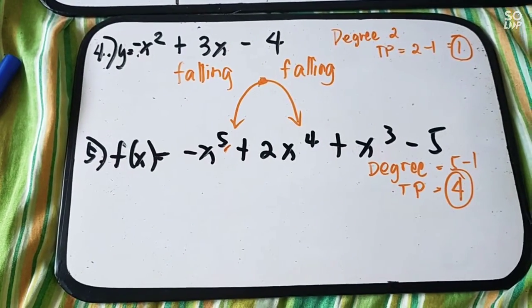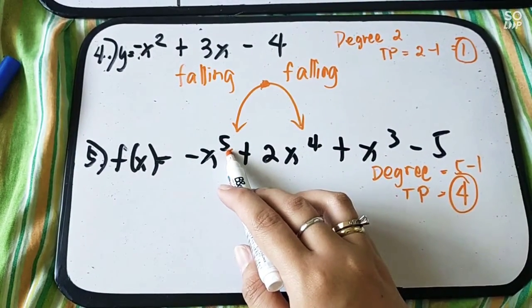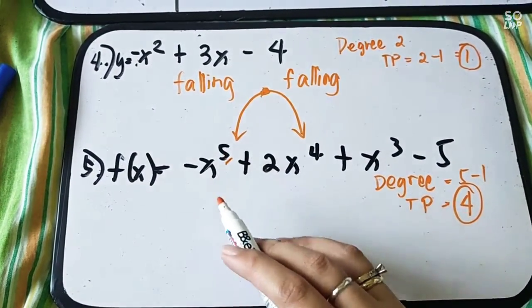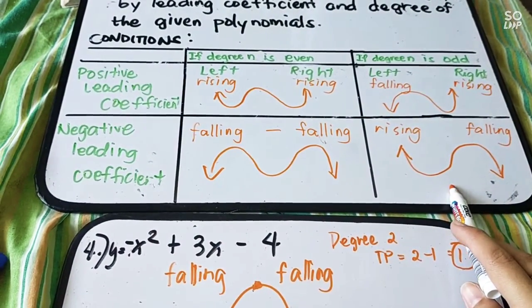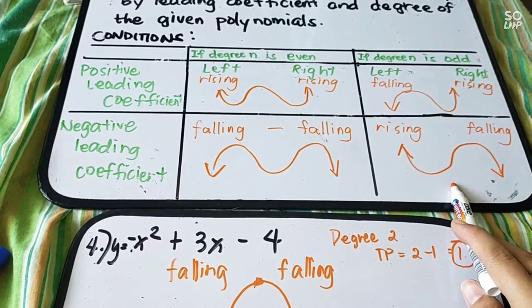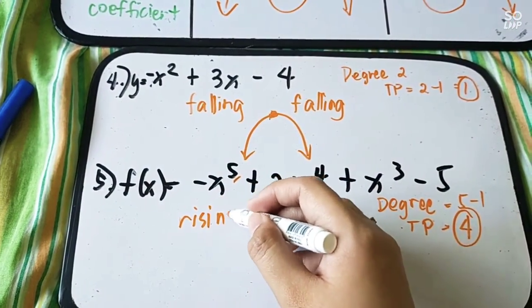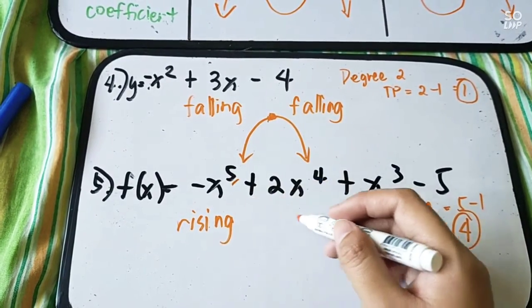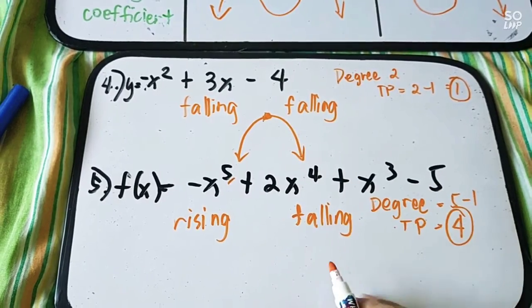Is it clear? So, then, we have here negative and then odd. Kung negative and odd, ganito ang magiging graph natin, behavior. So, ang ating behavior ay rising sa ating left side and then falling sa ating right side.